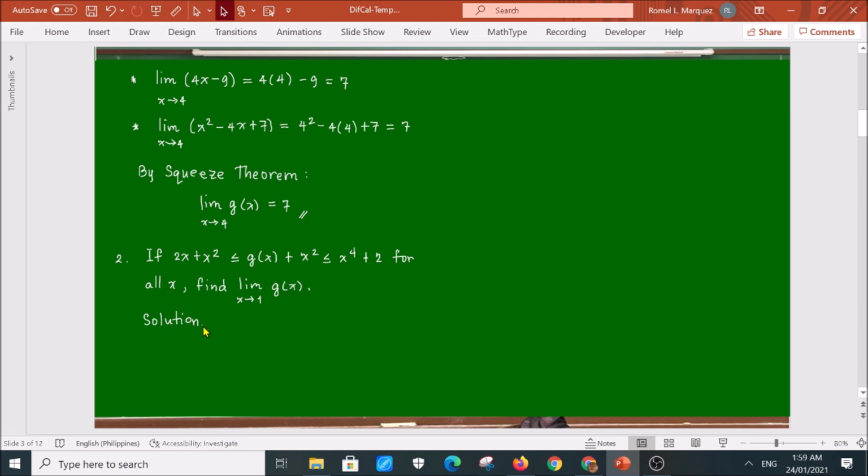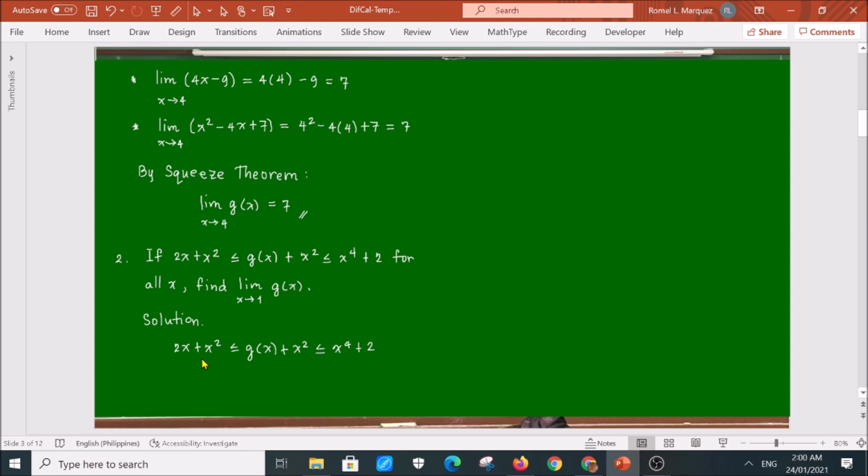Solution. First, let us manipulate 2x plus x squared less than or equal to g of x plus x squared less than or equal to x to the fourth plus 2, so that the middle of this continued inequality is simply g of x.